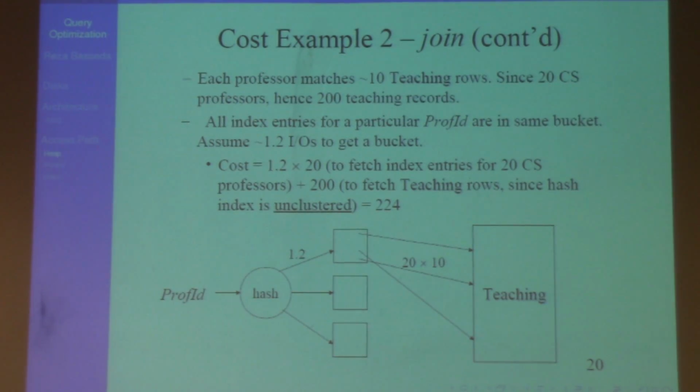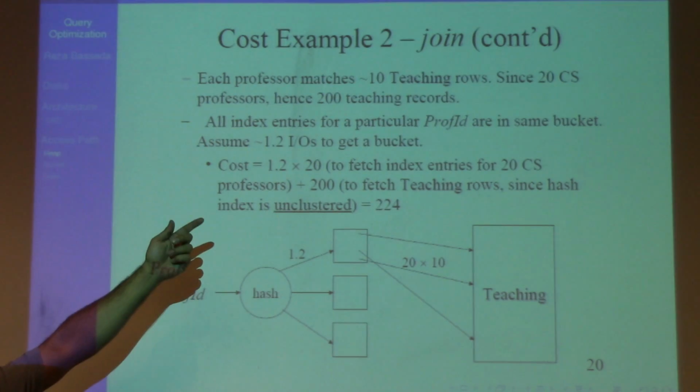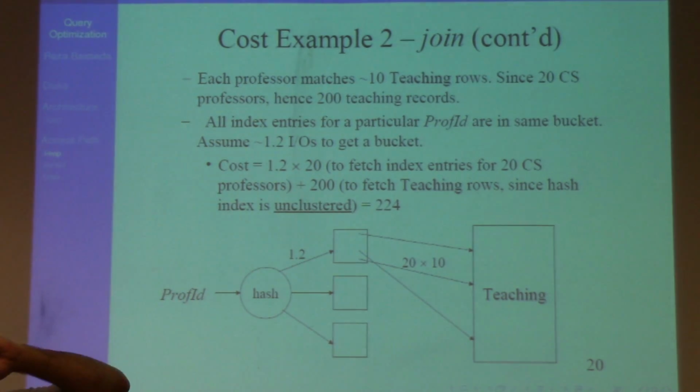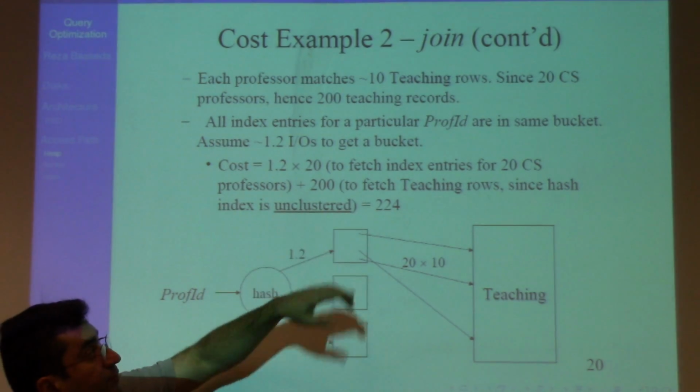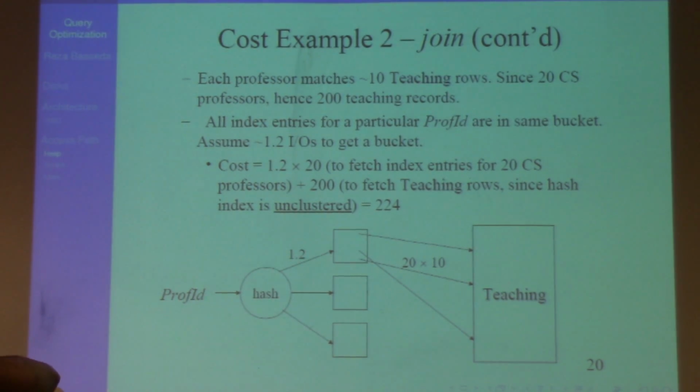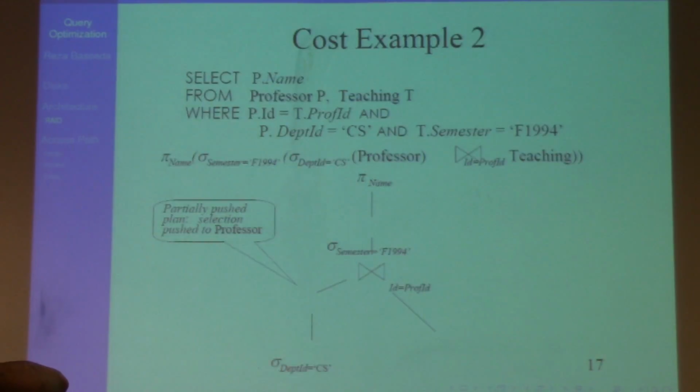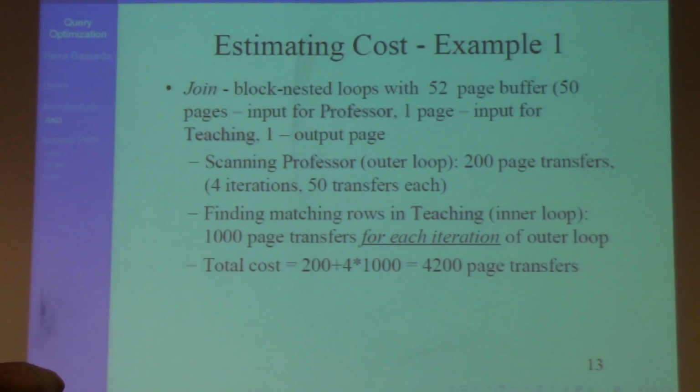Here, for example, how did I get 220? Because I knew how many professors I have and how many departments I have. 1,000 professors, 50 departments, then roughly I'll have 20 professors. How did I get 200? How did I get 200?